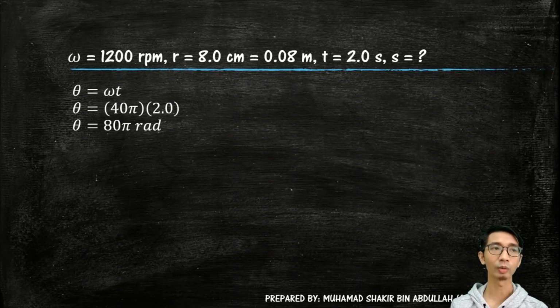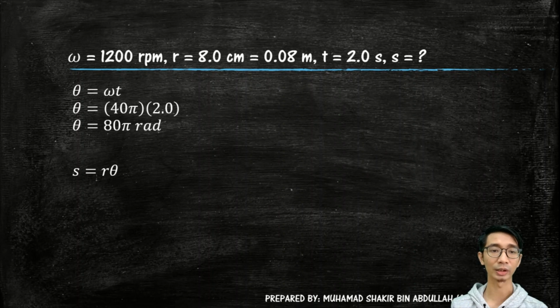Now we answer the question by looking for the linear displacement, or distance traveled. We start with the equation s equals r theta. From here, substitute the value of r. Remember, we are not supposed to use r equal to 3.0 centimeters because that was asked in the second part.